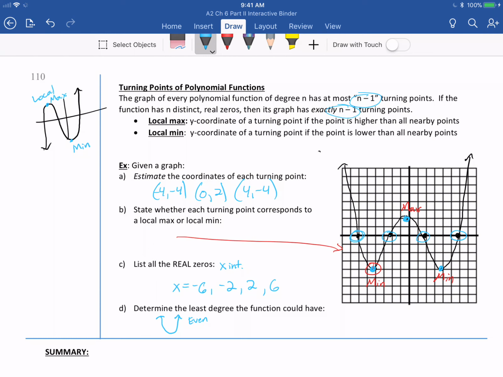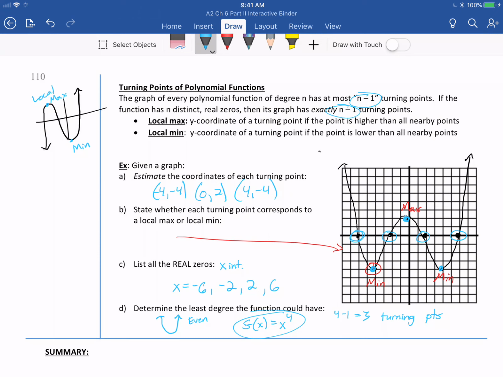So it's got n minus 1 turning points. This has 3 turning points. So that means that my lowest degree that this could have is f of x equals x to the fourth, because it has 4 minus 1, which is 3 turning points. So the lowest it could be is x to the fourth.